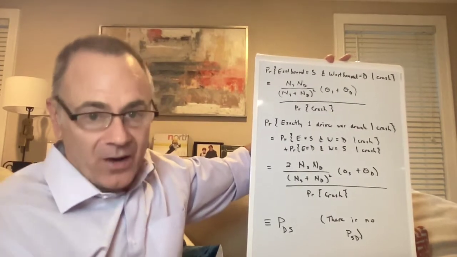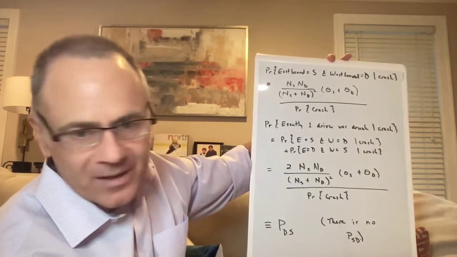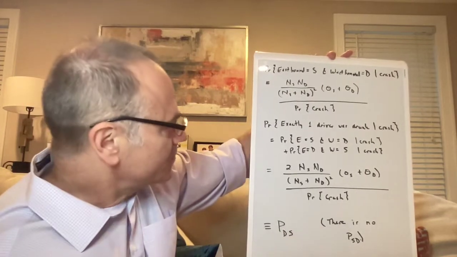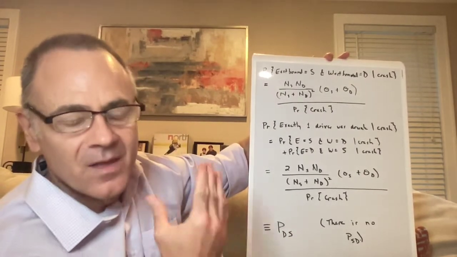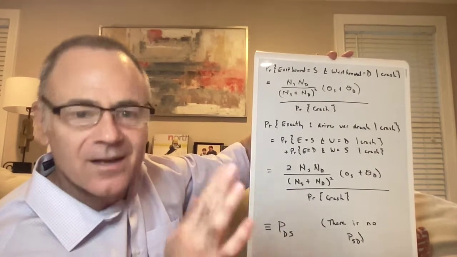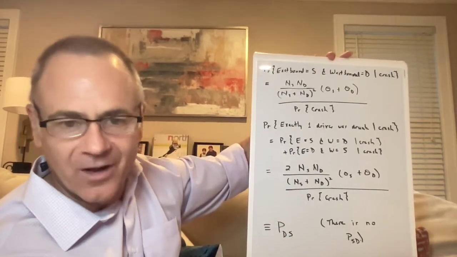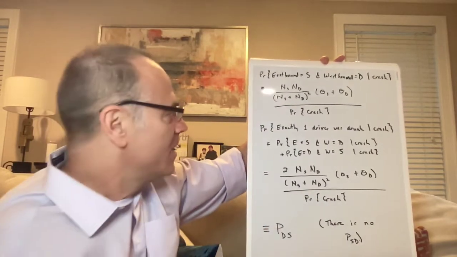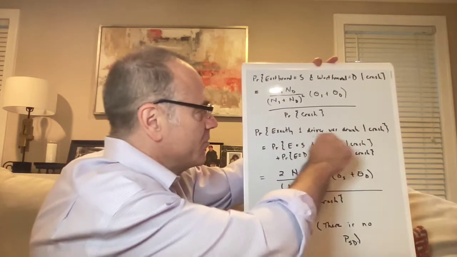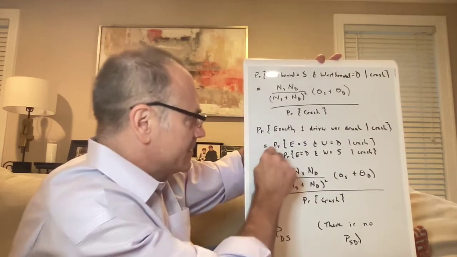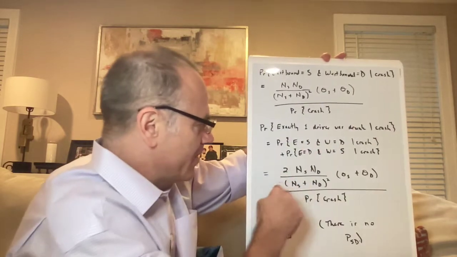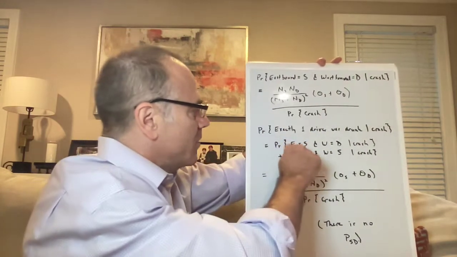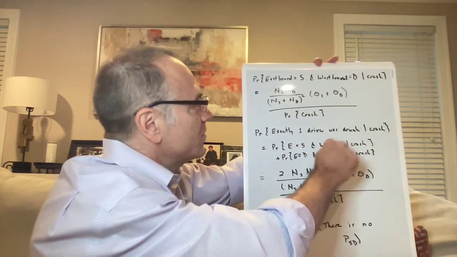I made a big deal that it was easier to think of this as a road. There's an eastbound driver and a westbound driver. Given that, there are two ways you can have exactly one driver being drunk: the eastbound driver being drunk and westbound sober, or the opposite. So the probability exactly one driver was drunk given a crash equals that, and that equals the probability eastbound driver sober, westbound driver drunk given a crash.